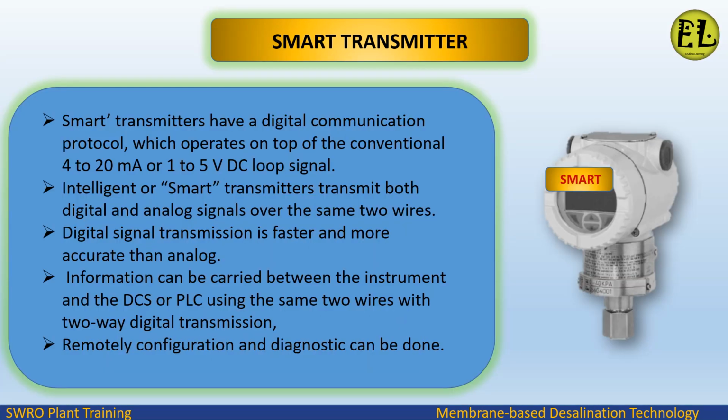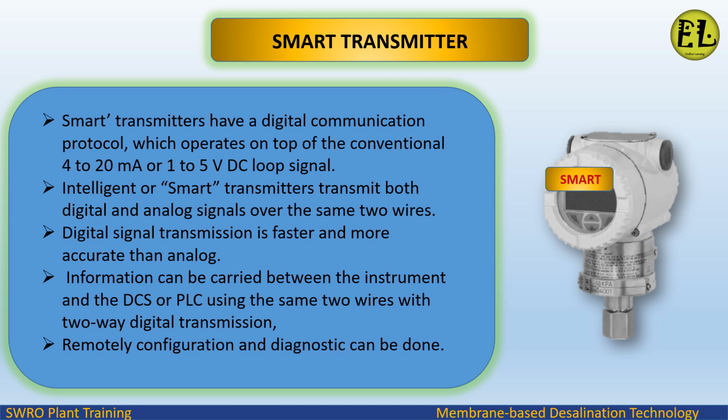Smart transmitter. Smart transmitters have a digital communication protocol, which operates on top of the conventional 4 to 20 mA or 1 to 5 V DC loop signal. Intelligent or smart transmitters transmit both digital and analog signals over the same two wires.